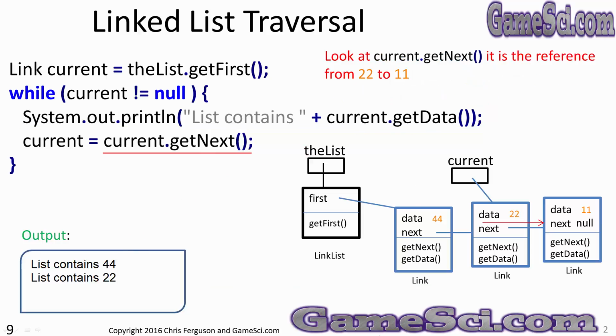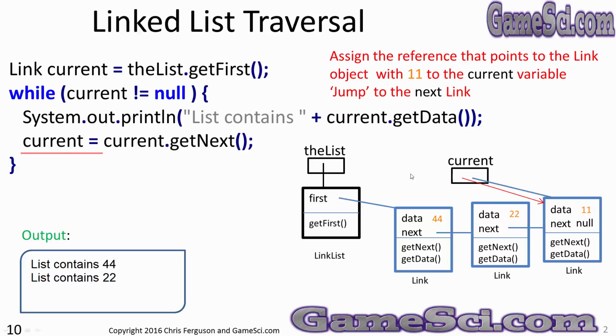And this line is so important, I broke it up into two pieces. You need to understand what's happening on this line. Look at current.getNext. Follow current. Current goes to here. .getNext goes to here, and will return the value of this reference, the next reference in current's object. Well, it's that blue line right there. That's why I drew the arrow there, because what we're doing is returning a reference to that object, the object that contains 11.